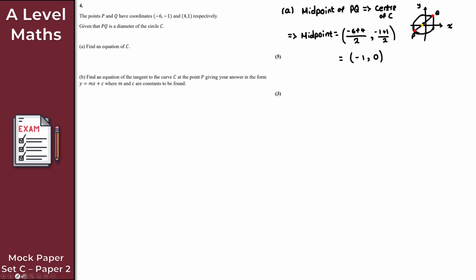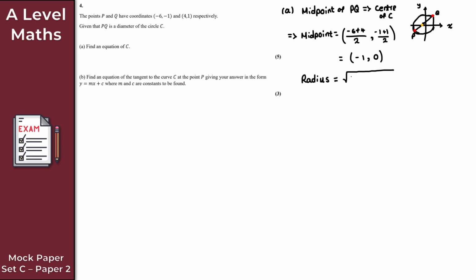Okay. Now, what we also need here then is the radius, right? If we want the equation of C. So for the radius here, all I'm going to do then is just find the distance between my center here and any of these 2 points. Okay. So for my radius here then, this would be the square root of, so what I'm going to do here then is 0 minus then -1.